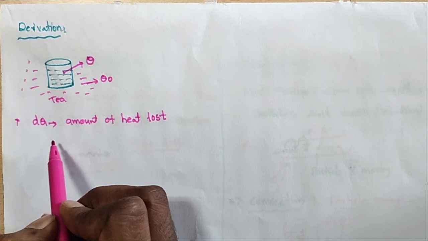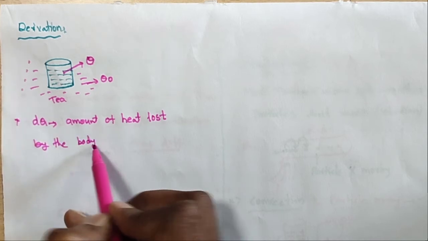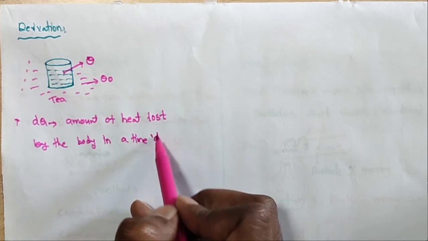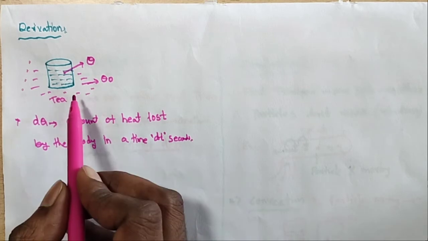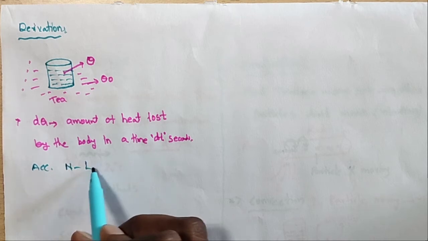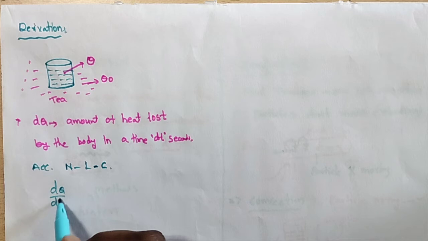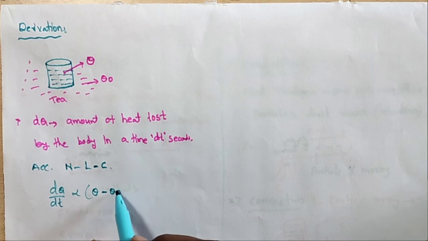by the body in a time dt seconds. According to Newton's law of cooling, dq by dt, the rate of cooling, is directly proportional to the temperature difference, that is theta minus theta naught.